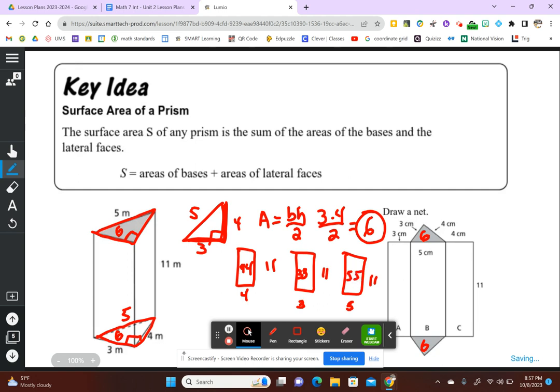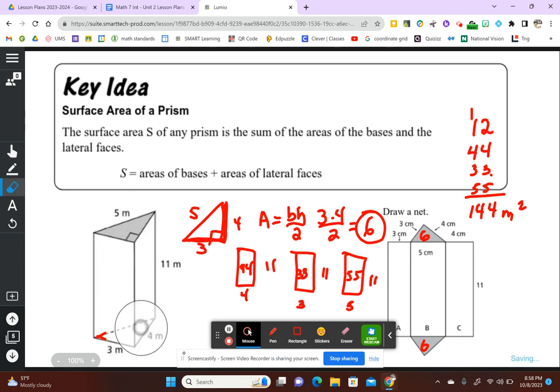I'm going to add 6 times 2, which is 12, plus 44, plus 33, plus 55. So I'm adding 3 rectangles and 2 triangles. I get 6, 9, 14, carry the 1, 4, 5, 6, 7, 8, 9, 144. So this is 144 meters squared.